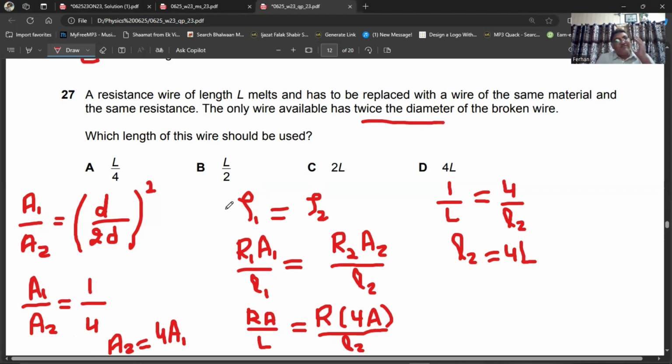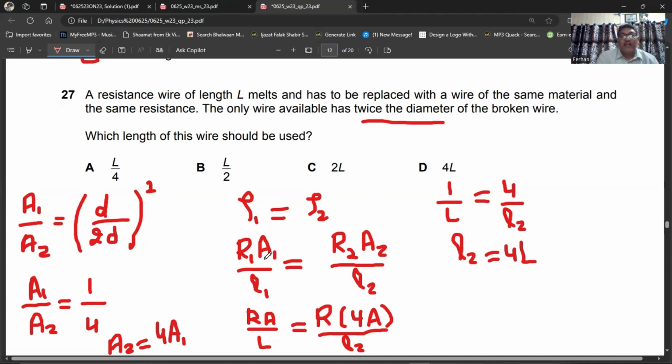This is a very, very important concept. Because both the wires are made of the same material, their resistivity is the same. So the resistivity of the first wire and the resistivity of the second wire are the same. You know the resistivity is resistance multiplied by cross-sectional area divided by the length. So R1 A1 by L1 equals R2 A2 by L2.